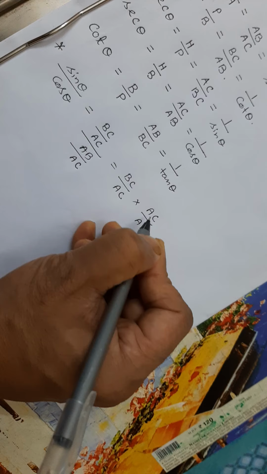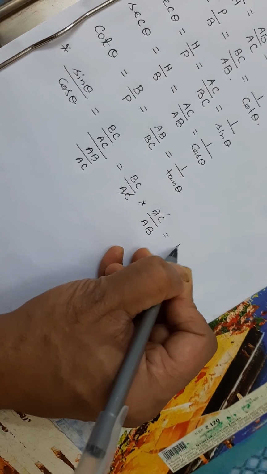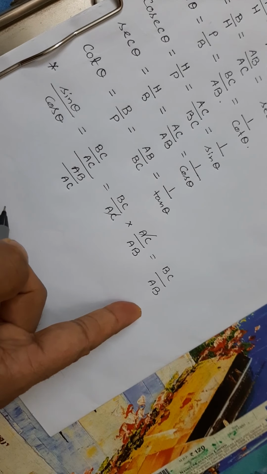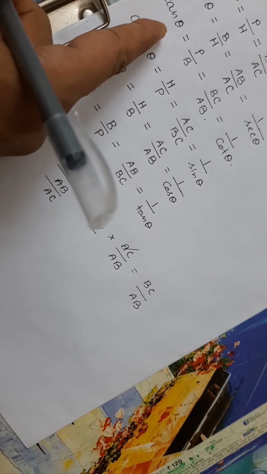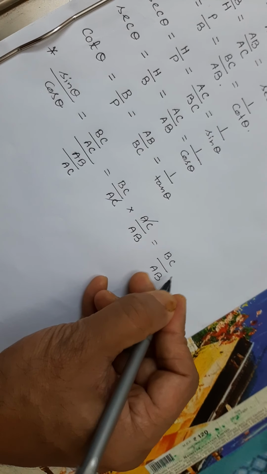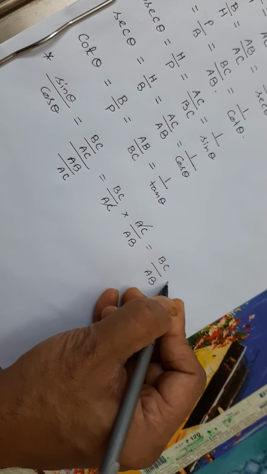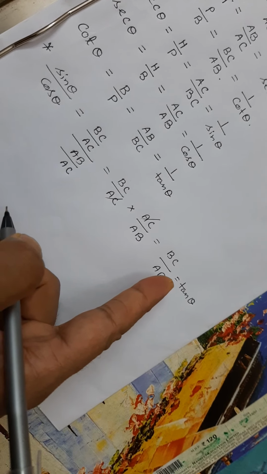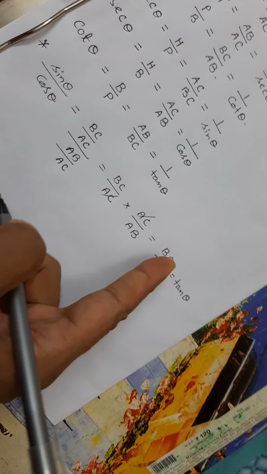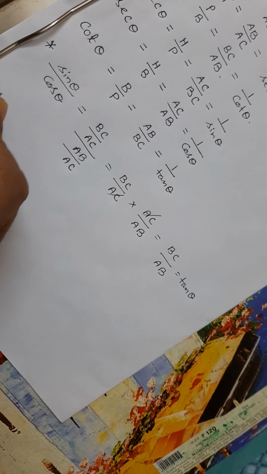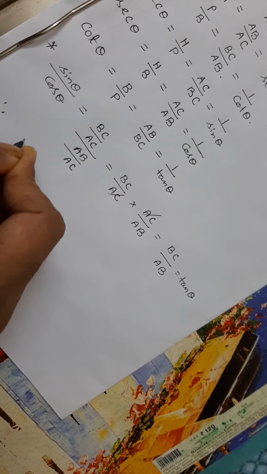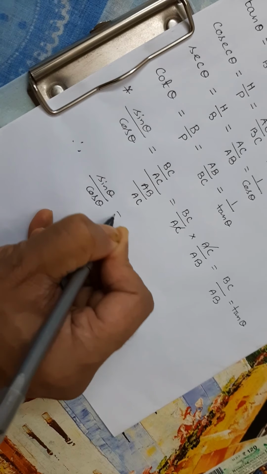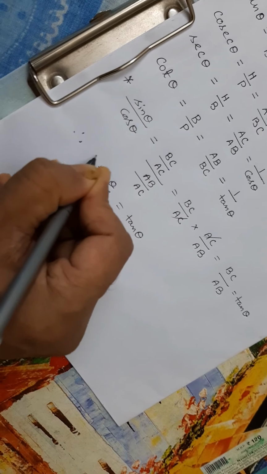AC and AC cancel, then BC by AB. BC by AB means tan theta, because BC means perpendicular and AB means base. Perpendicular by base equal to tan theta. So therefore sin theta by cos theta equal to tan theta.